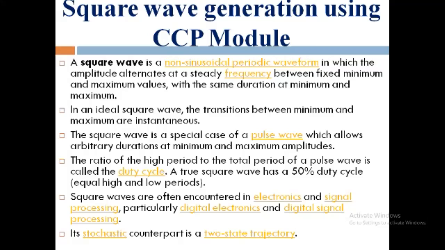Square waves are often encountered in electronics and signal processing, particularly digital electronics and digital signal processing. Its stochastic counterpart is a two-state trajectory.